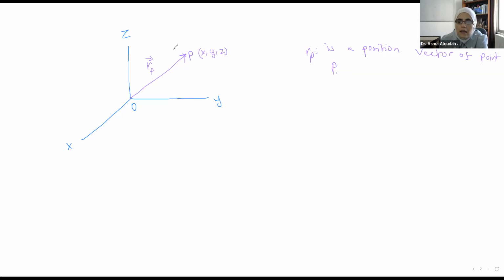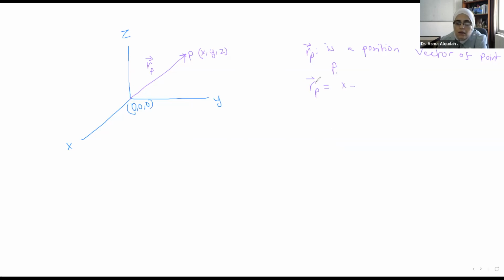We said the coordinates of the point P are X, Y, and Z. Let's see how we find the position vector of this point. The position vector is equal to the point minus the origin. By the way, the origin is a three-dimensional zero: 0 in the X direction, 0 in the Y direction, and 0 in the Z direction.